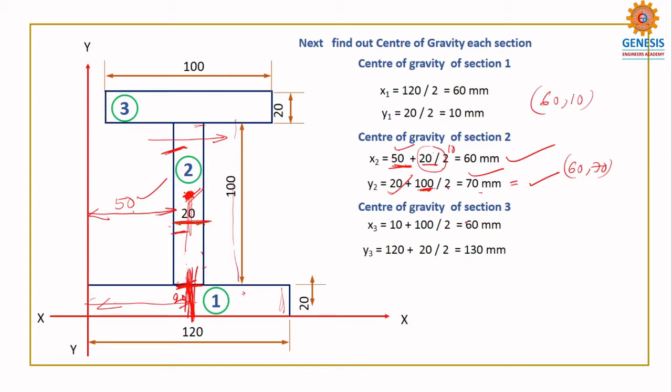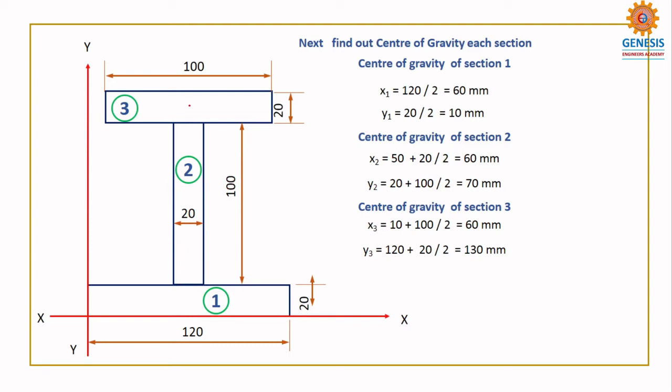Now the center of gravity of section 3. This is probably the center of gravity. From this it is 10, and from this it is 50, but this is measured from this body, and you have to have the distance from this.